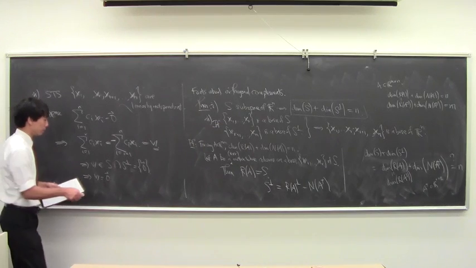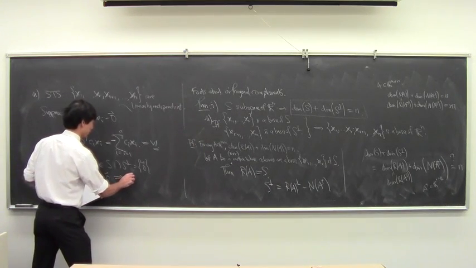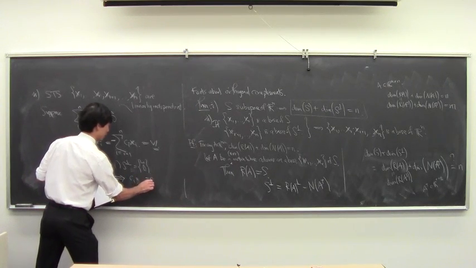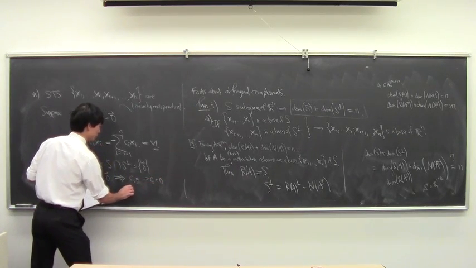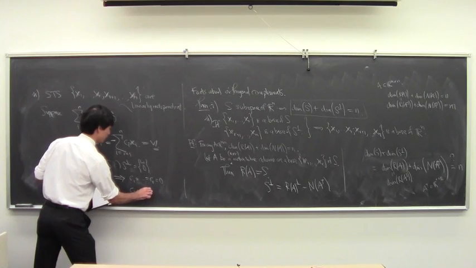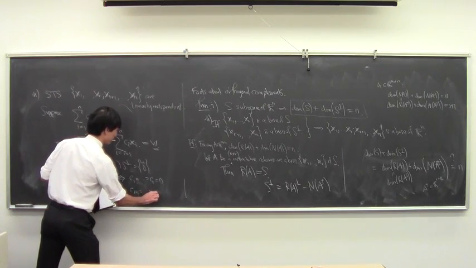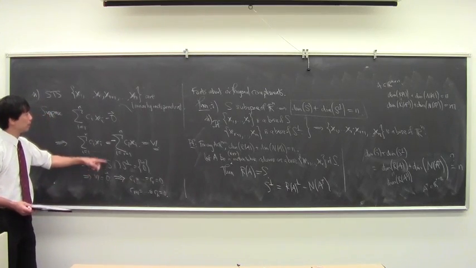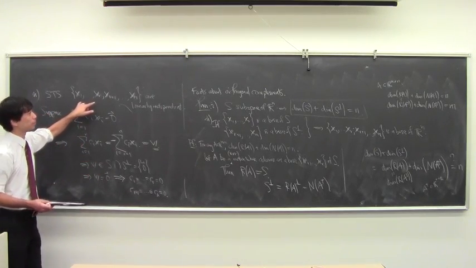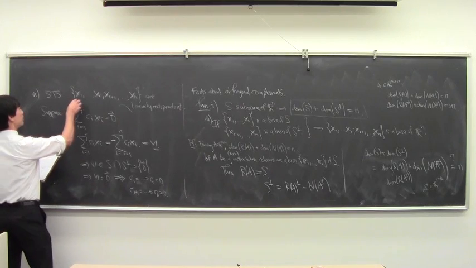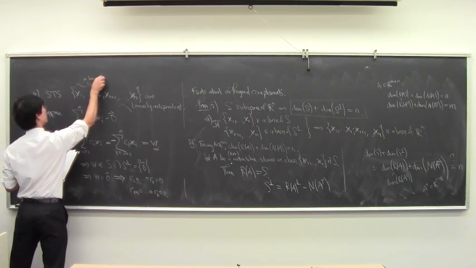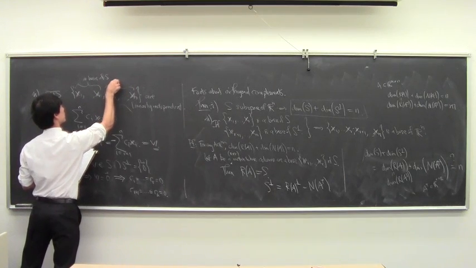This implies that c1 through cr must all be 0, and also that c(r+1) through cn are all equal to 0, because this is a basis, and this is a basis.